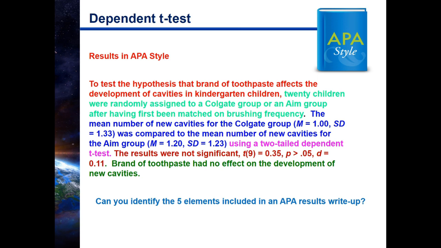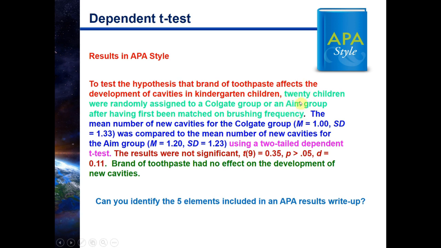All right, so let's look at the write-up. The first element is to state your hypothesis, and that's in here in red. So, to test the hypothesis that brand of toothpaste affects the development of cavities in kindergarten children, there's your first element.